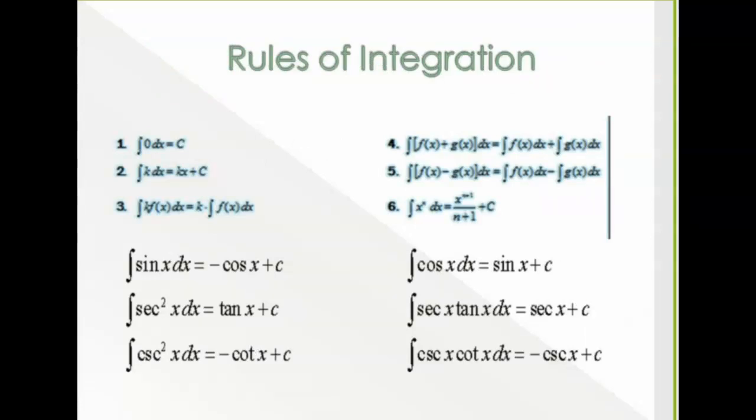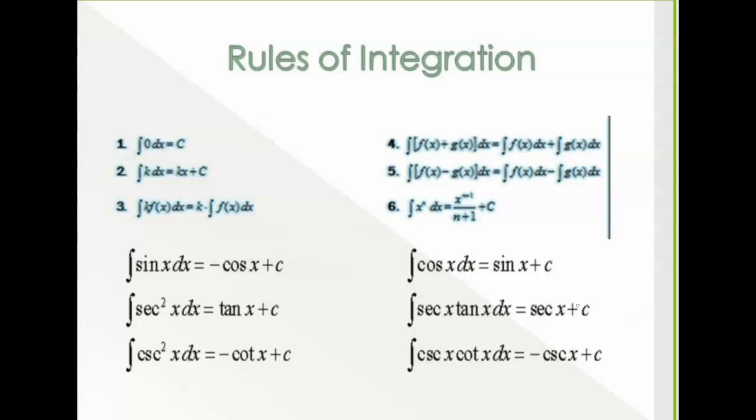So we have these basic rules of integration. We've talked about all of these previously. So these rules are going to allow us to basically find a whole bunch of general antiderivatives.